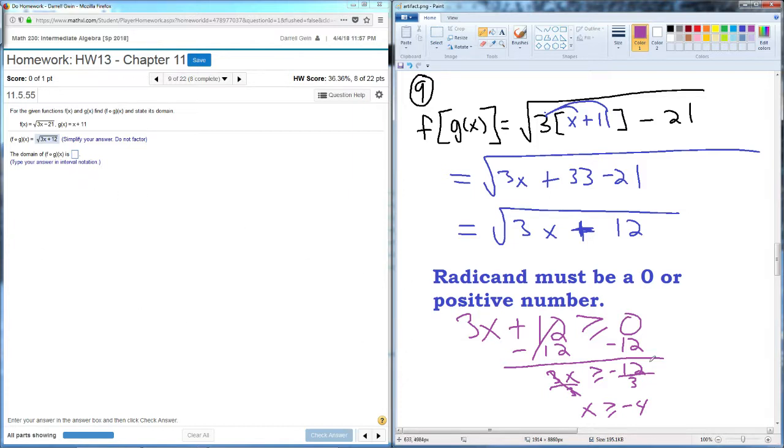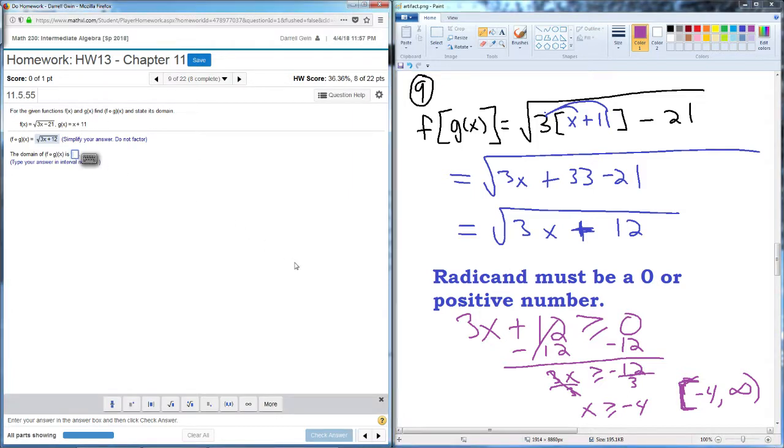I have to do interval notation. Interval notation is brackets, because it has the equal sign, brackets, negative 4, all the way to positive infinity. So let's try typing that in. The bracket button is located just to the right of the P, and we're going to type in negative 4, comma.